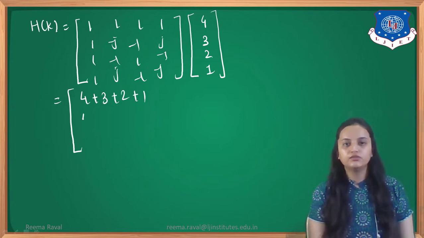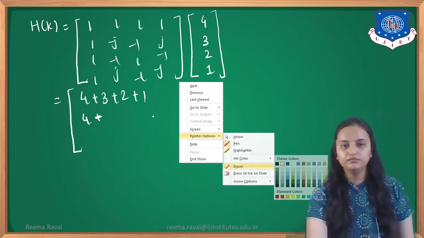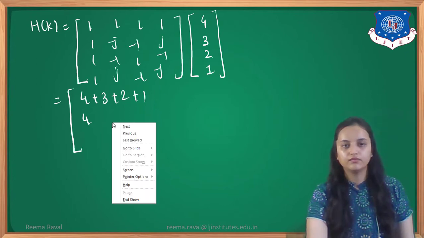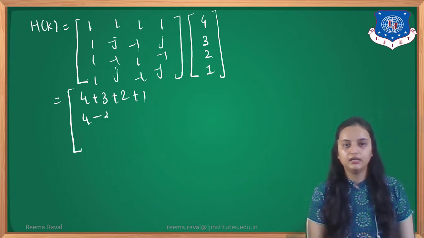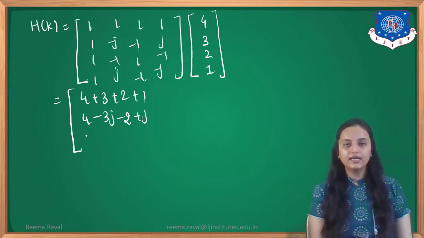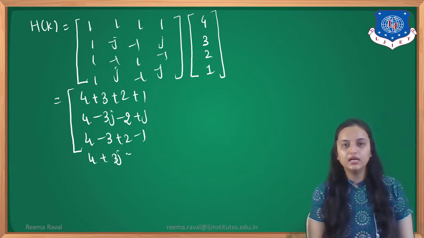The next value is 4 minus 3j minus 2 plus j. Then the next value is 4 minus 3 plus 2 minus 1, and then the next is 4 plus 3j minus 2 minus j.